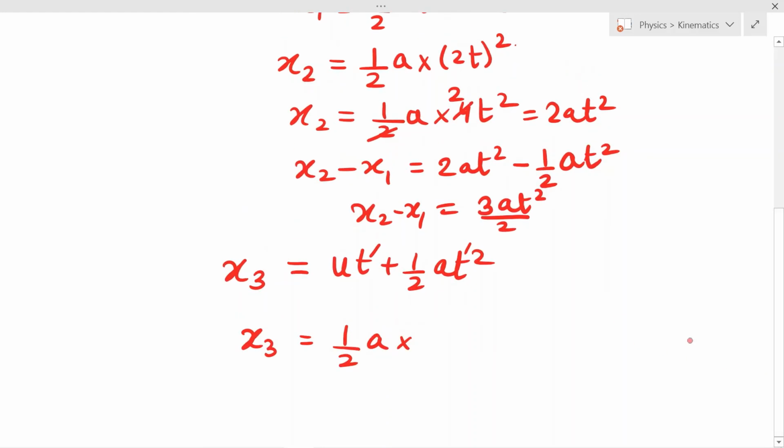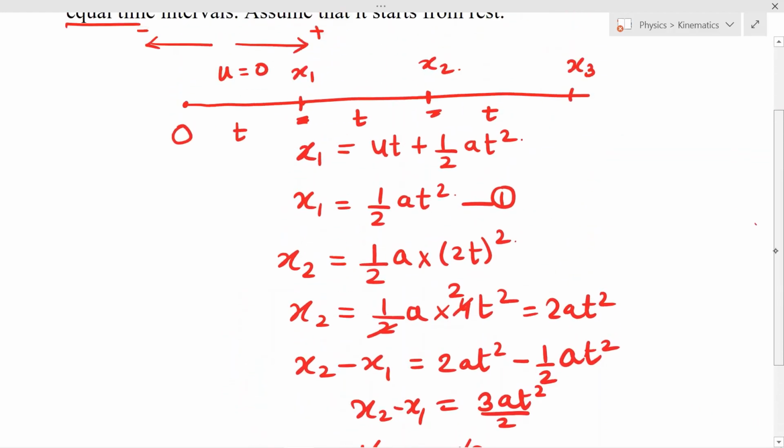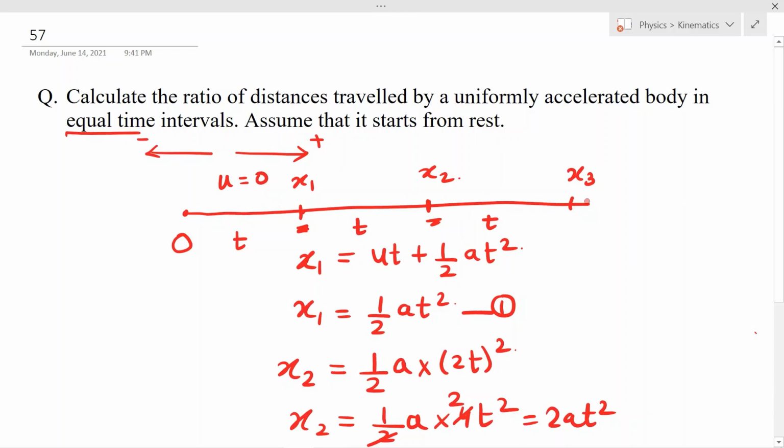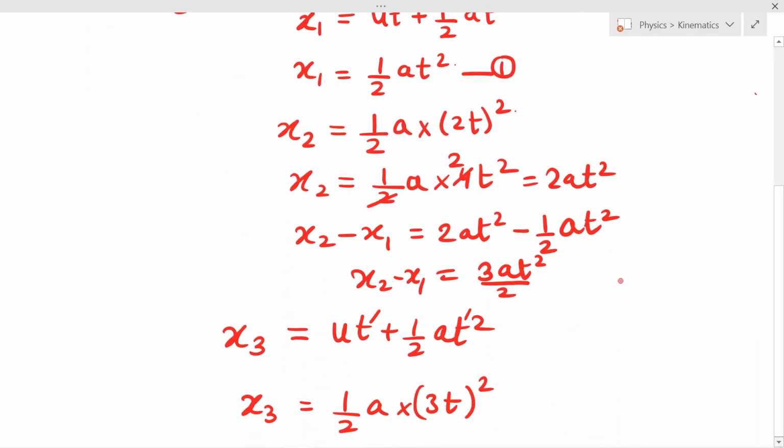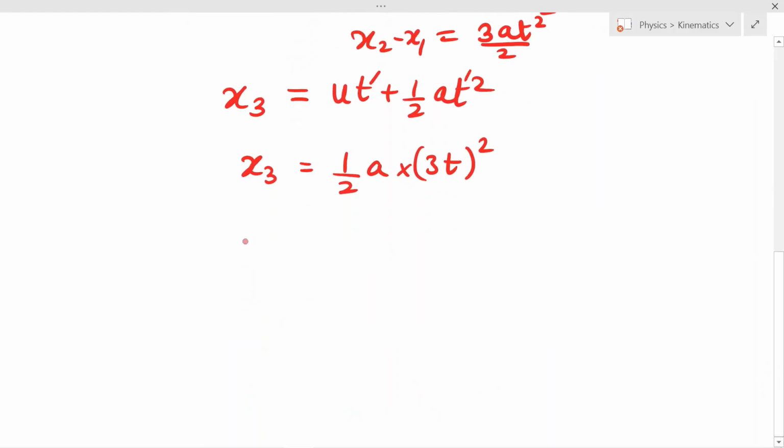What is t dash? t dash will be 3 times t. Why 3 times t? Because it reaches this position, coordinate x3, in 3t time. That's why. Now this x3 will become half into a into 9t square.